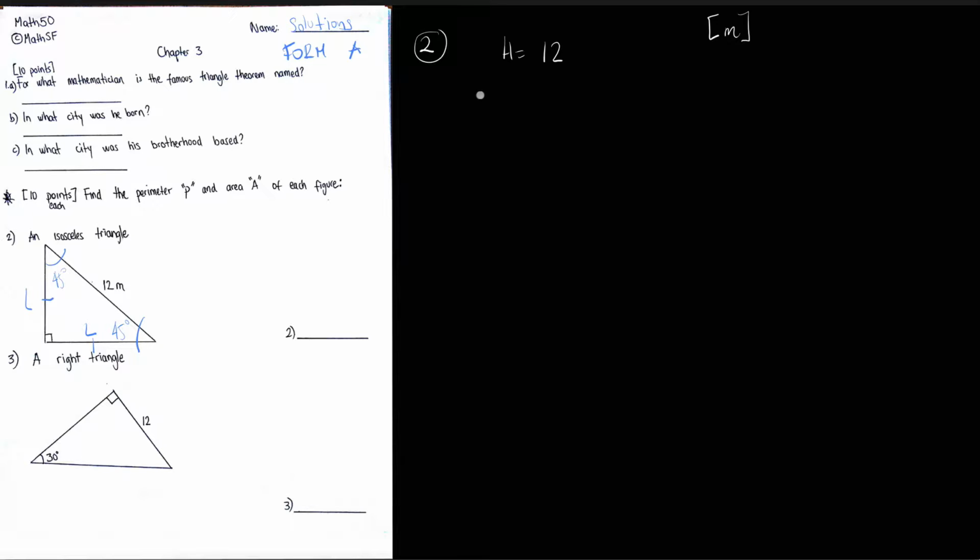Well, there's a relation between the leg L and the hypotenuse. The hypotenuse is equal to leg times root 2, or we can say that the leg is equal to hypotenuse over root 2. Since we're looking for the leg, we must use this one here. So leg should be equal to 12 over root 2.